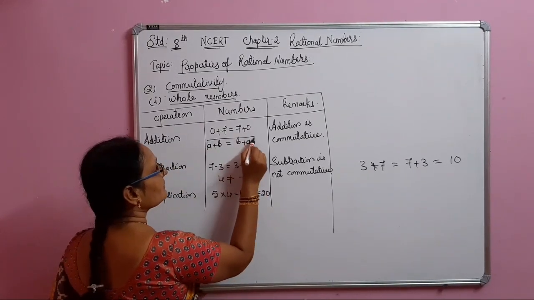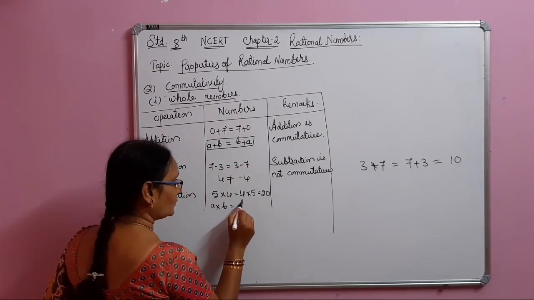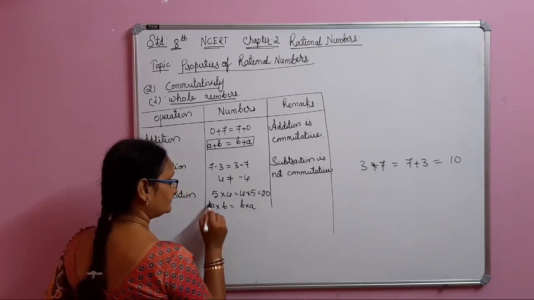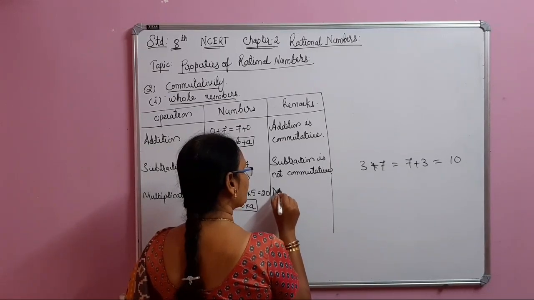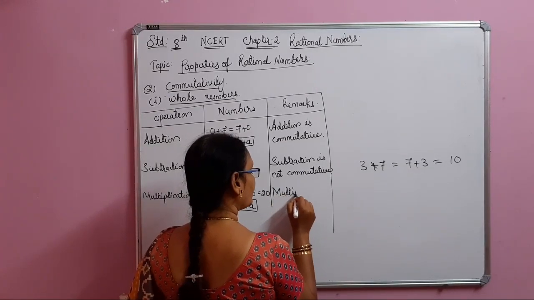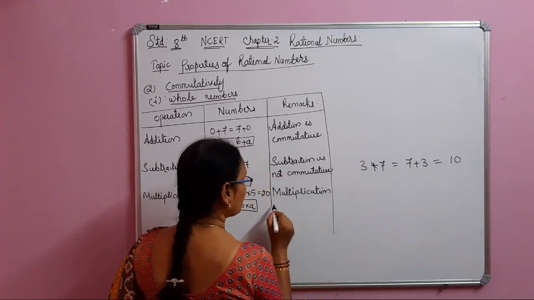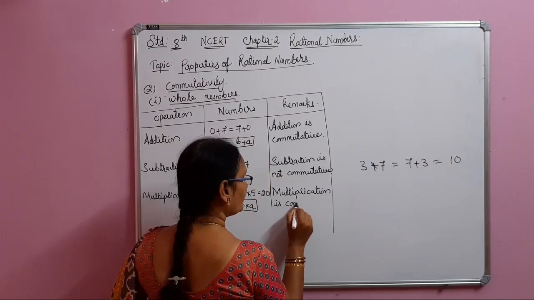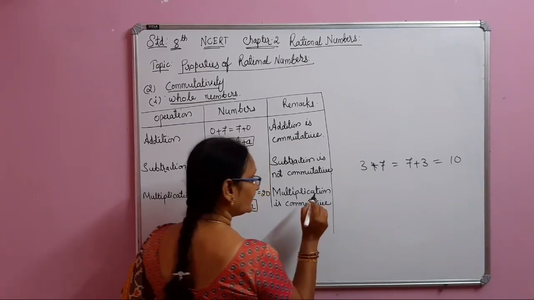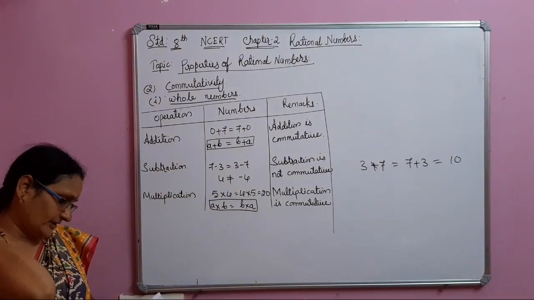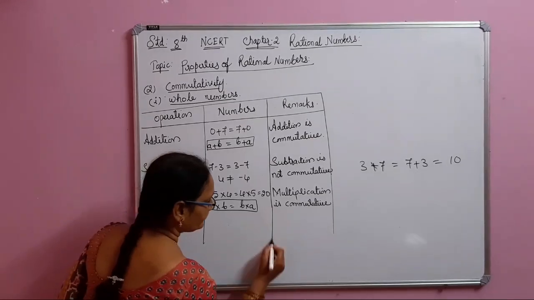This is the general form: A into B is equal to B into A. Multiplication is commutative. What remark can we give for this? Multiplication is commutative.